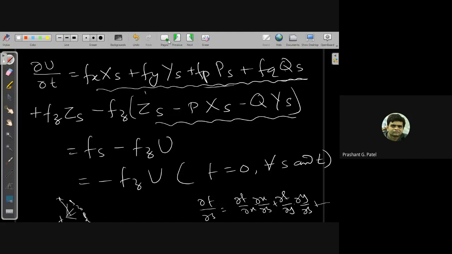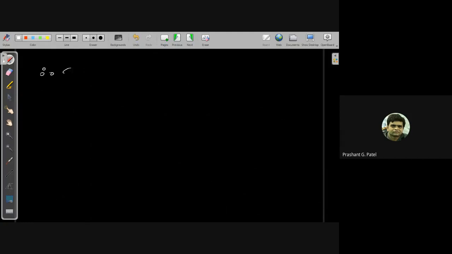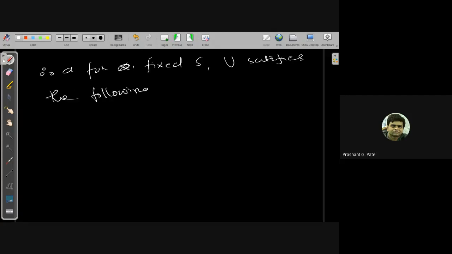Therefore, for fixed x, that means along the characteristic curve, U satisfies the following ordinary differential equation, that is du by dt equal to minus Fz u, and we can integrate this.